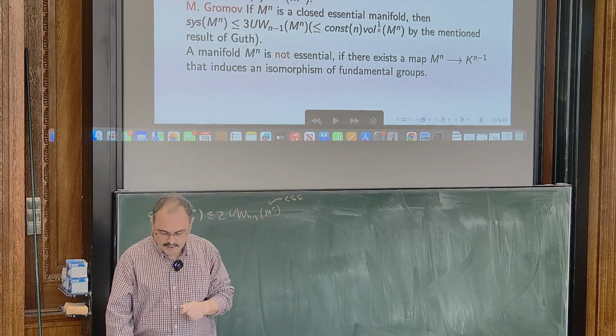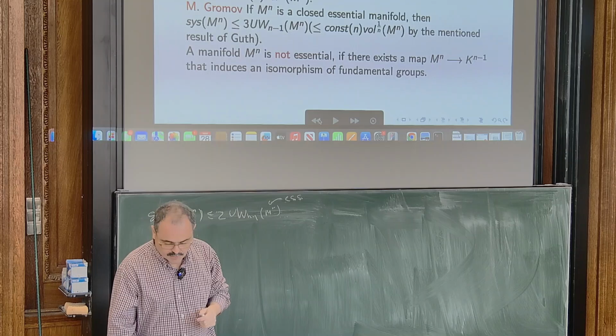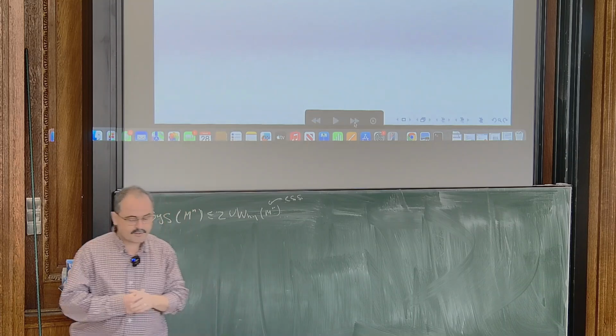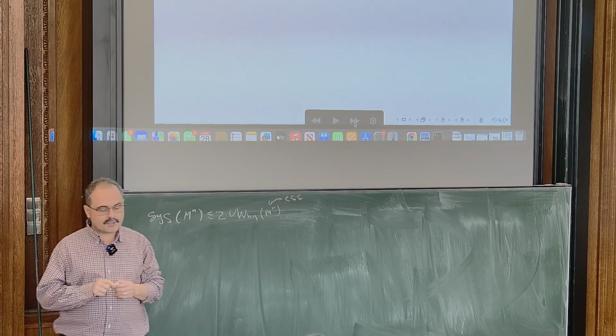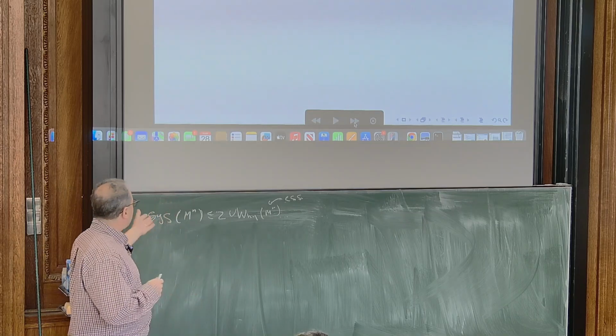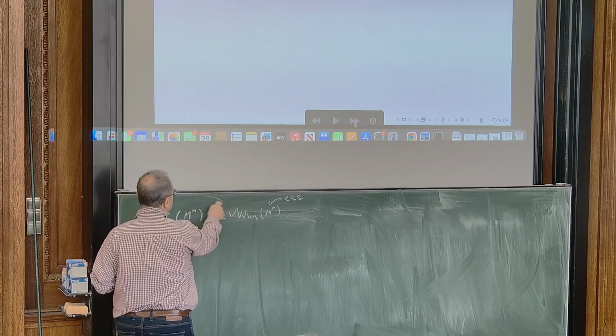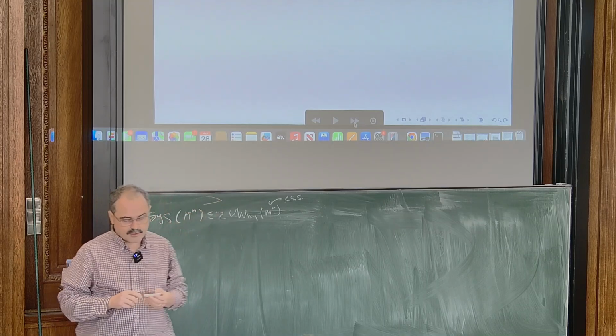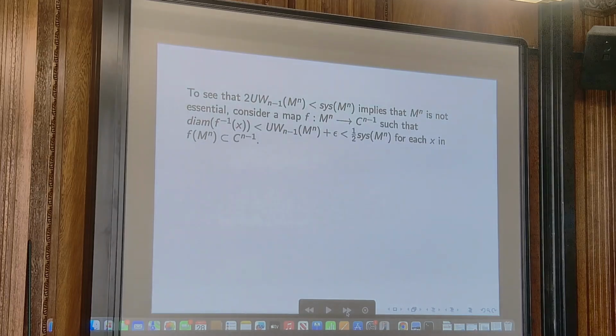Here is the sketch of the argument. It's not the original Gromov sketch, it's different. Basically I'm trying to do it by contrapositive. I am assuming the opposite inequality and I am proving that Mⁿ is not essential.